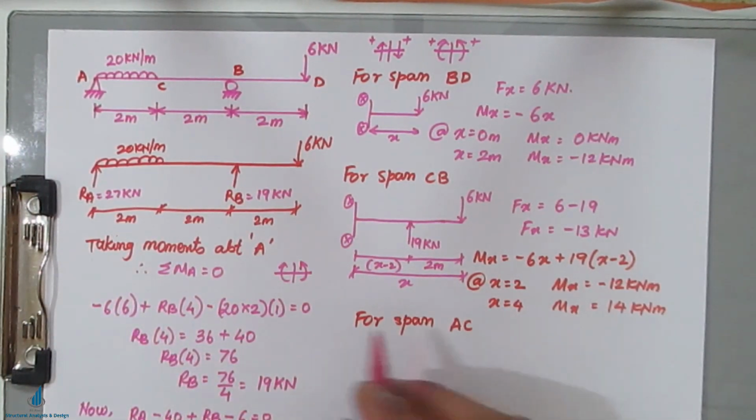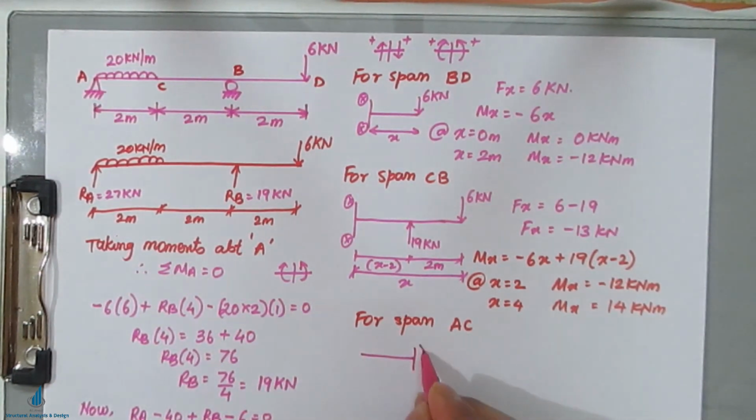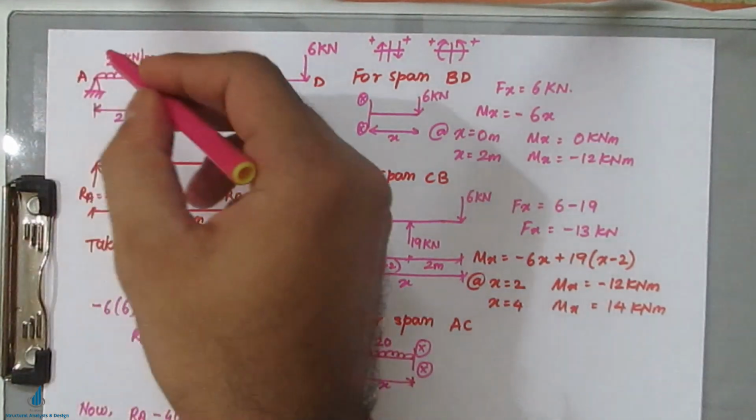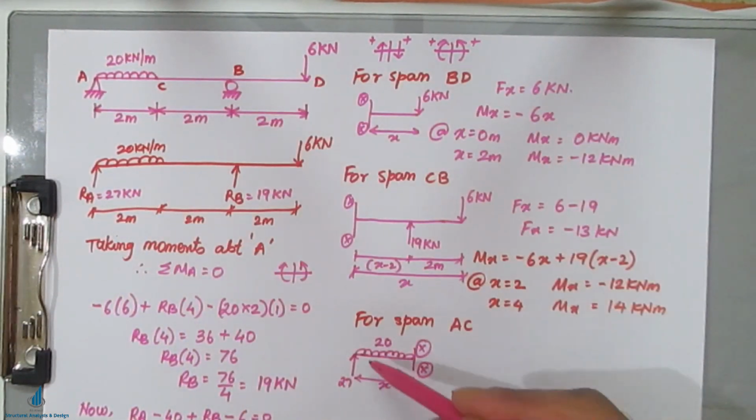So we shall have this. If you come from the left hand side, the section will end here, so this will become X-X, and the reaction RA is 27 kilonewton, with a UDL of 20, and this is the distance x. We are taking the section between A and C, so it has the complete UDL for this span.